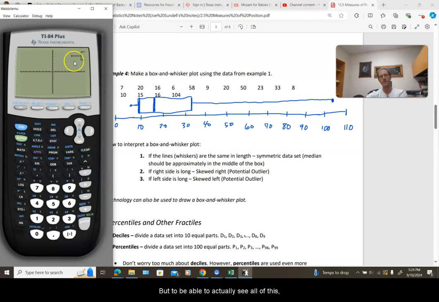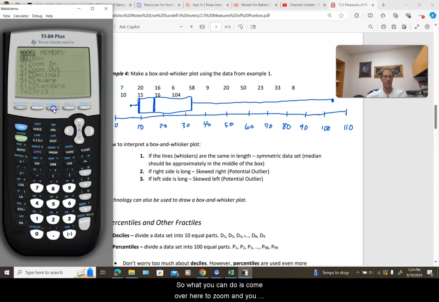But to be able to actually see all of this, we need to adjust our viewing window. So what you can do is come over here to Zoom, and you can scroll down, and you can go to this Zoom Stat. You enter, and it'll actually reposition this so that you're seeing all of this box and whisker plot. Okay.